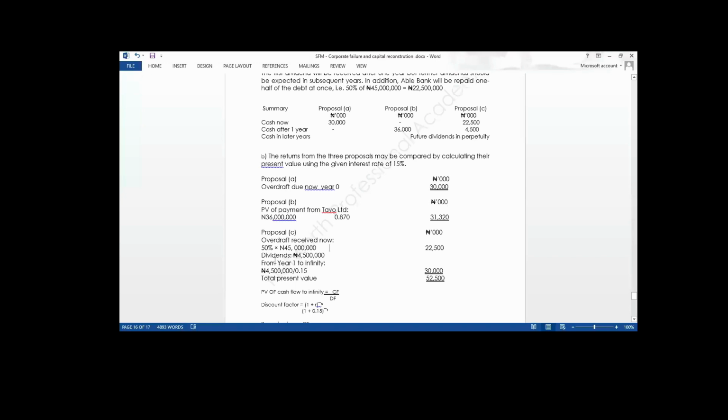Dividend from year 1 to infinity. The bank will get a dividend of 4.5 million naira in year 1 and to infinity. How do we get that? The examiner says a profit of 40.5 million will be achieved for the foreseeable future. That means the profit is not for 1 year, it's for many years.